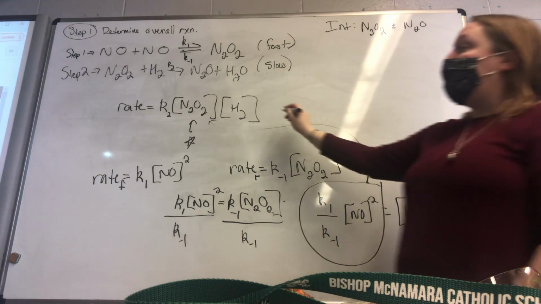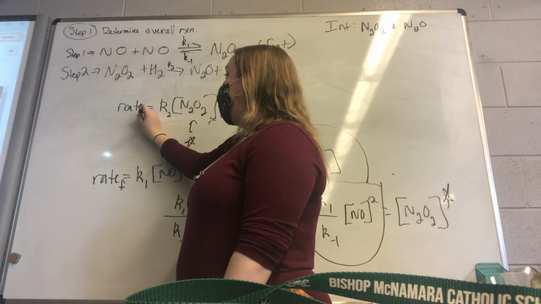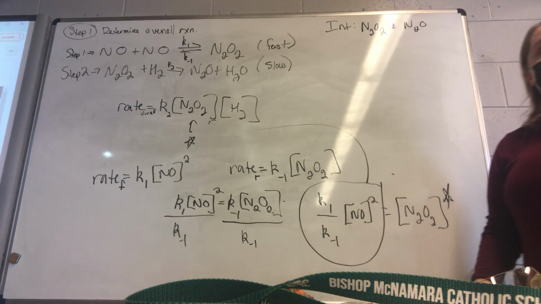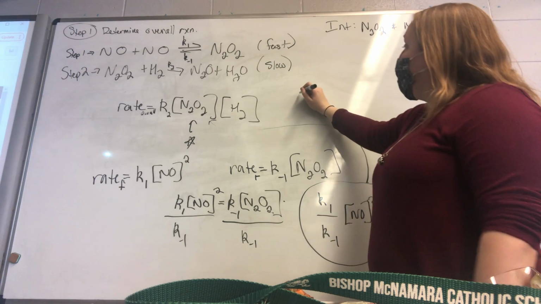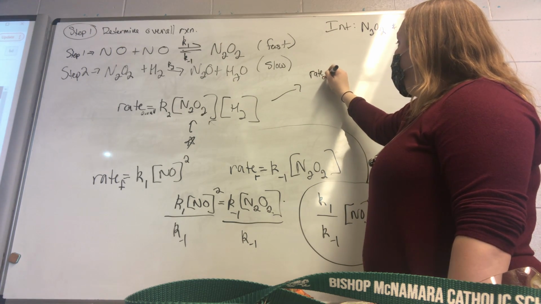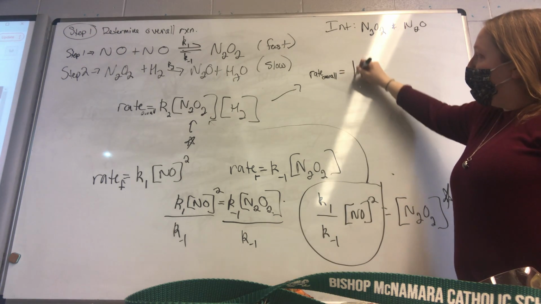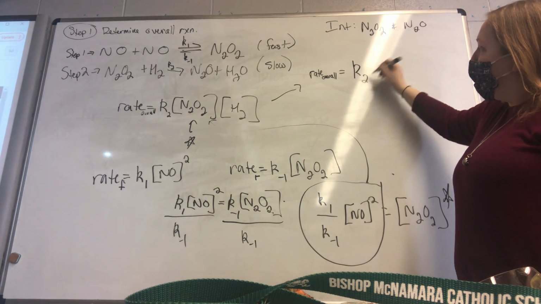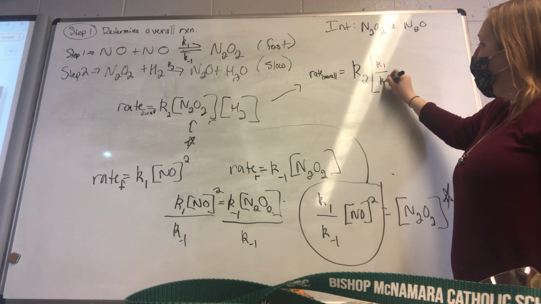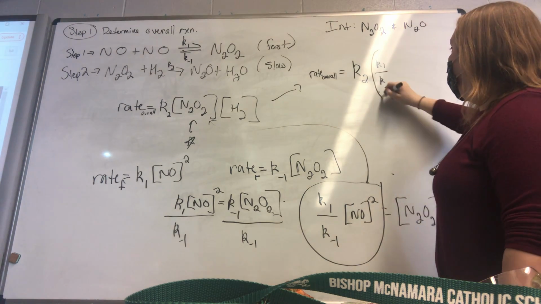So now I'm going to rewrite this whole thing. This is the rate of the overall reaction, if you will, because that was my prediction based on the slow step. I'm going to rewrite this. I guess I shouldn't use brackets because brackets mean concentration.